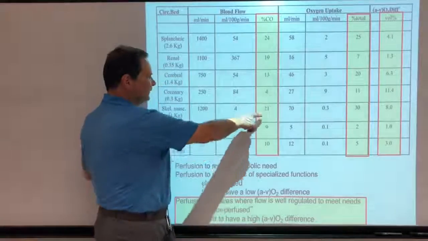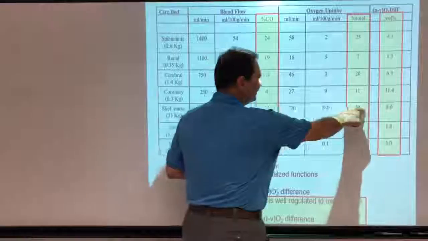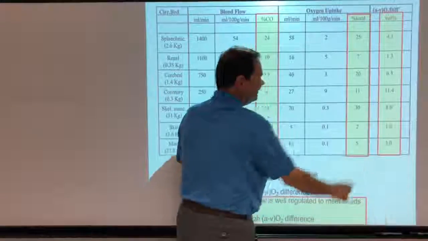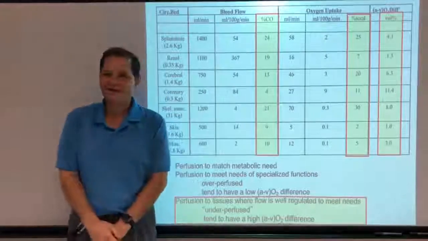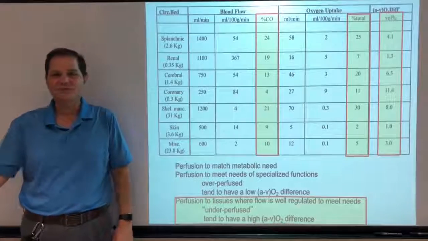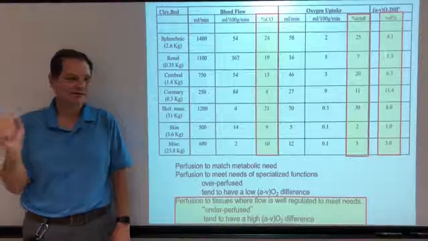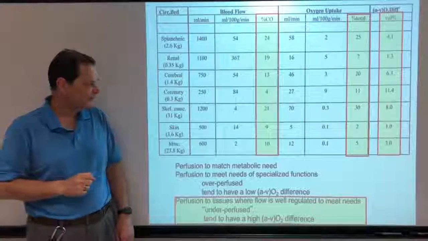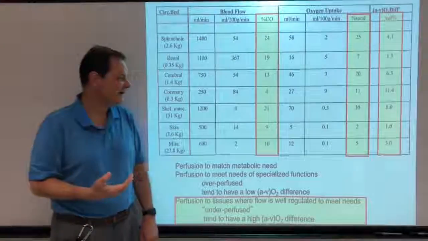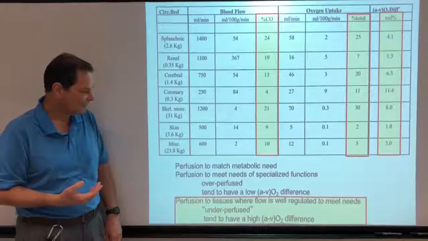Skeletal muscle is another one that's relatively underperfused and relatively high AVO2 difference. Your body is tuned to give skeletal muscle oxygen when it needs it. The local metabolites build, you get vasodilation, it gets it, okay? So there isn't a whole lot of reason to give it a whole lot of excess at rest, okay?